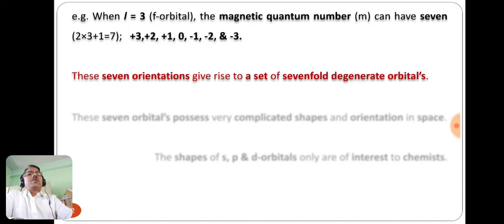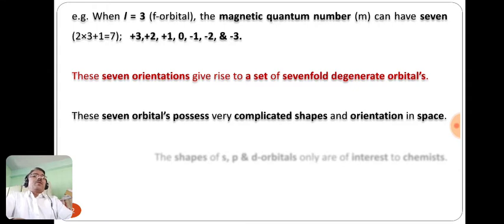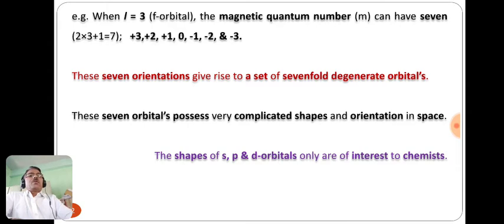All 7 f orbitals are at equal energy levels in the absence of a magnetic field, and when the atom is kept in an external magnetic field, then these 7 f orbitals are found to be at different energy levels depending upon their magnetic quantum number, or you can say their orientation. These 7 orbitals possess very complicated shapes and orientations in space. The shapes of s, p and d orbitals only are of interest to chemists.